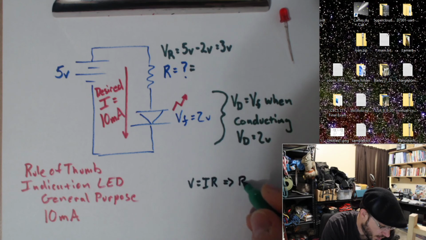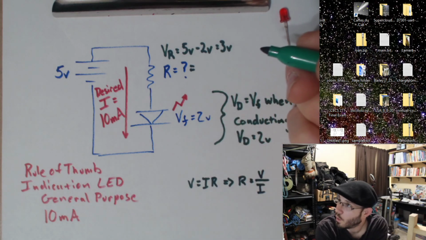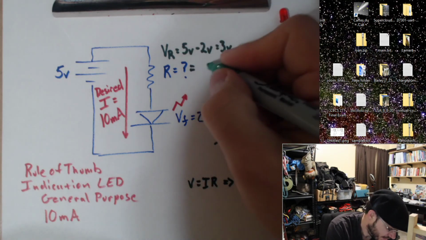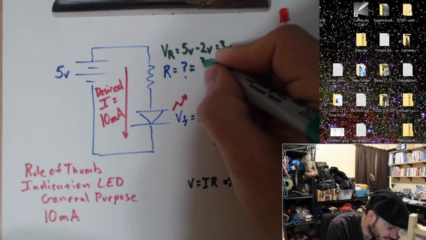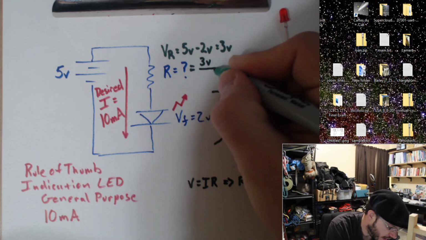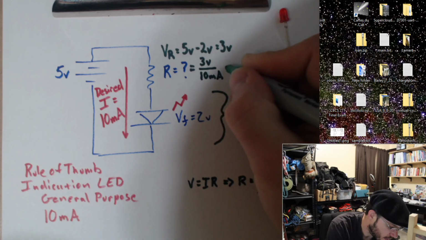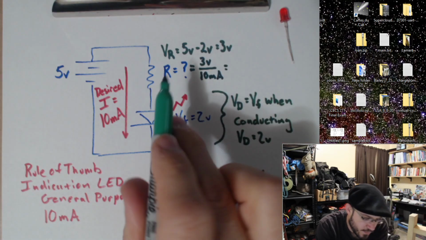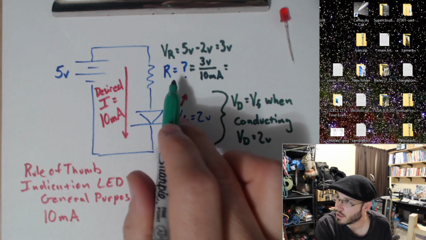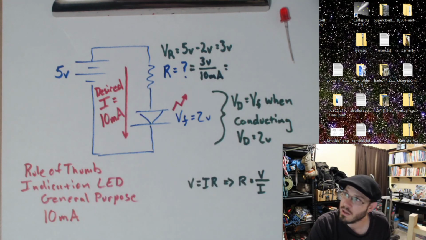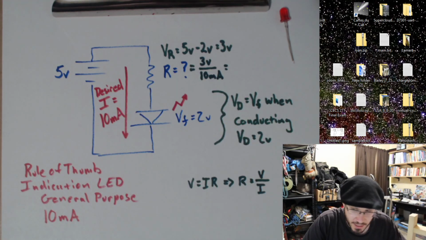Therefore, R equals V divided by I. So I have 3 volts divided by 10 milliamps, which gives me my value of resistor such that I will get 10 milliamps flowing through this circuit.